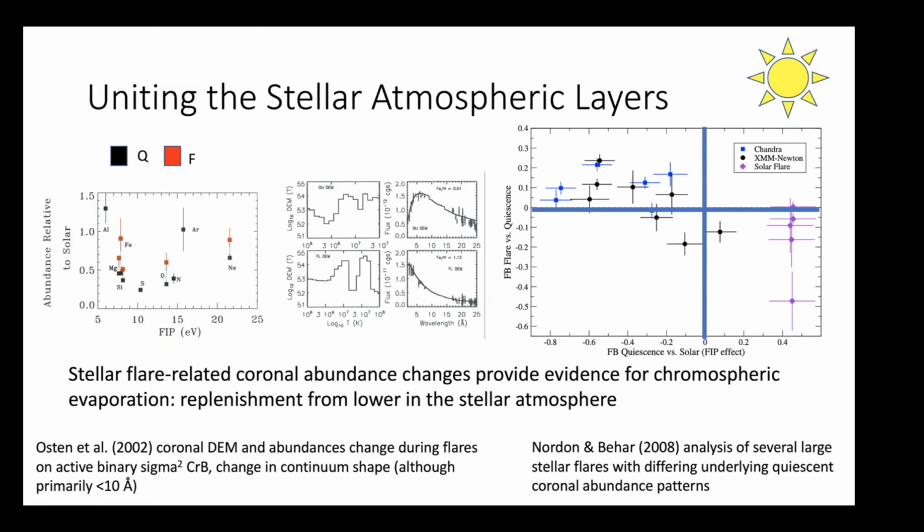And the plot on the right is a composite of multiple Chandra and XMM observations, where the flare versus quiescent abundance patterns, in the upper left and lower right, are both consistent with material being replenished in the corona from lower in the atmosphere.